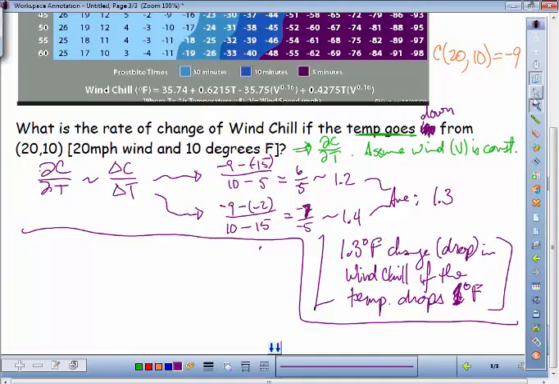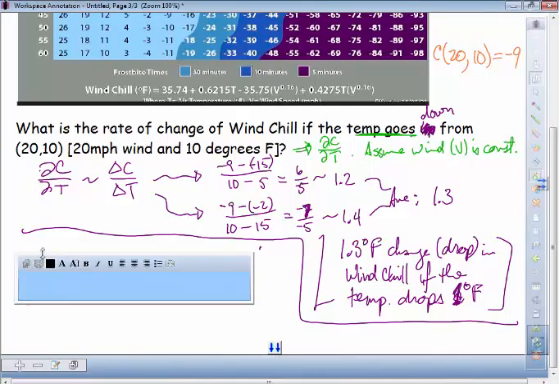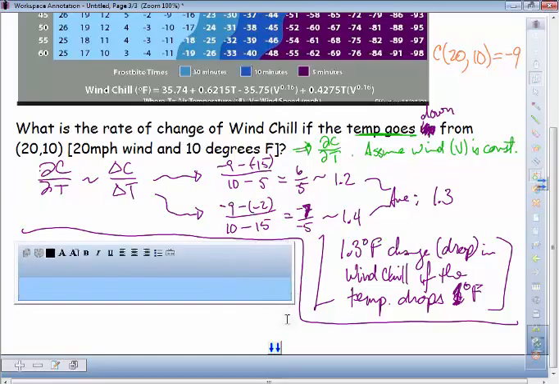All right, I want to squeeze this on the same page here, which means we'll have to scroll up and down and take a look at that table again. But as a slight change in the problem, let's say we want to know what the rate of change in wind chill is if the wind picks up.